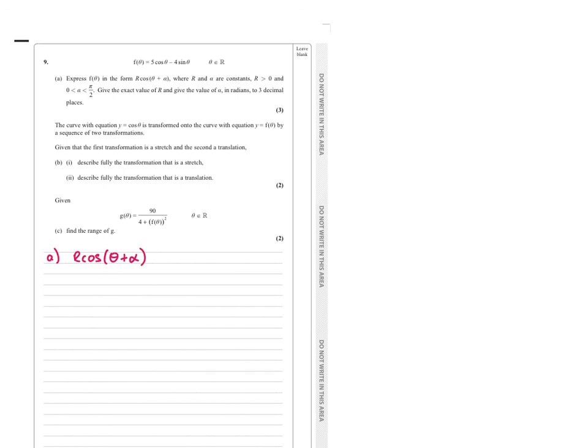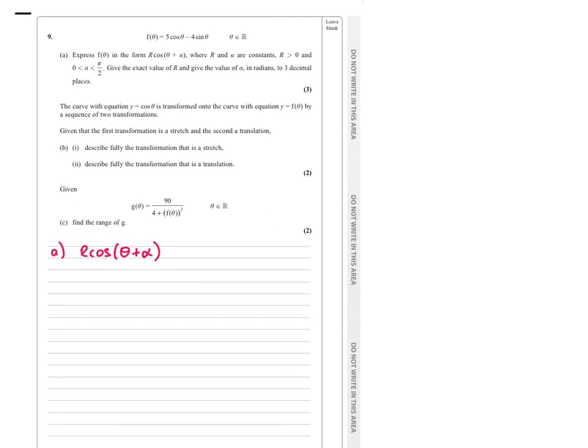So if we have a look at the rule, we know this is going to be r cos theta cos alpha minus r sin theta sin alpha. So when comparing coefficients, we have 5 cos theta minus 4 sin theta.